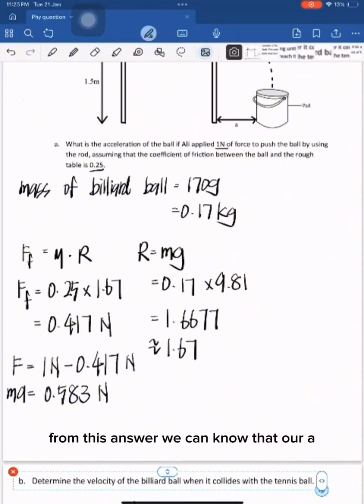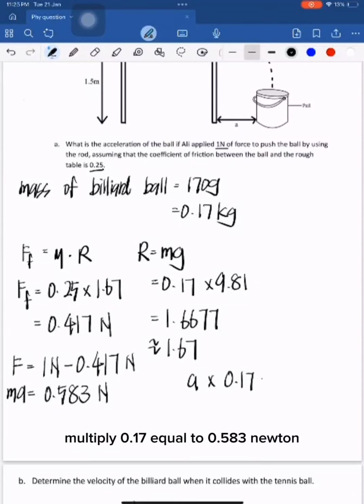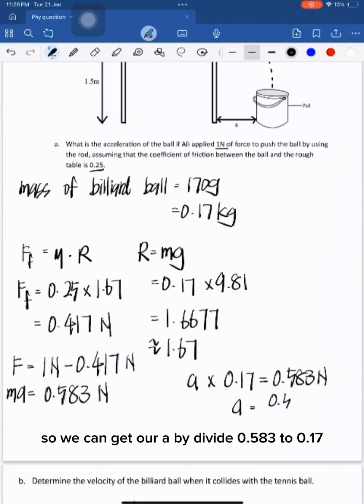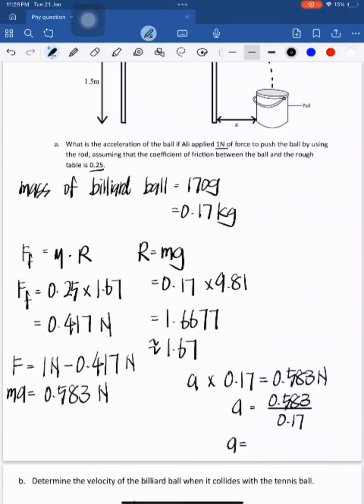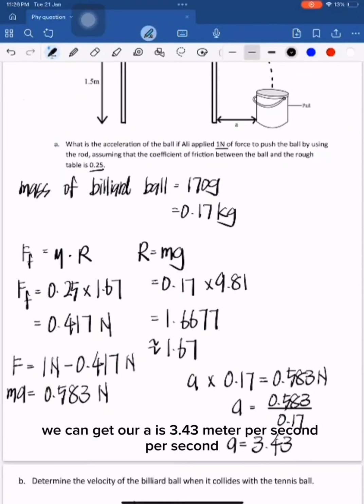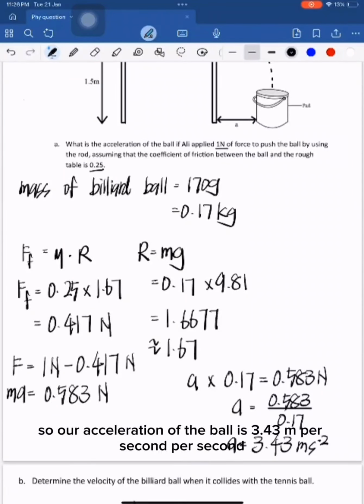From this, a multiplied by 0.17 equals 0.583 Newton. So we get a by dividing 0.583 by 0.17. We get a is 3.43 meters per second squared. So our acceleration of the ball is 3.43 meters per second squared.